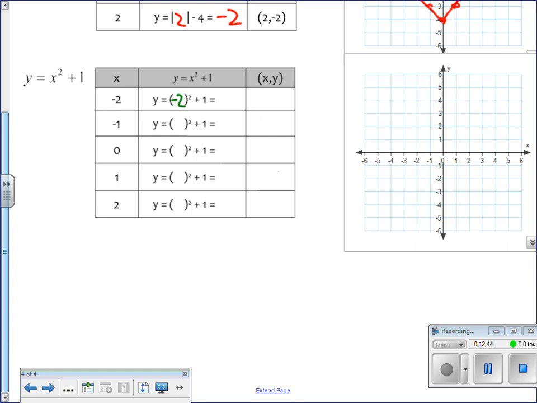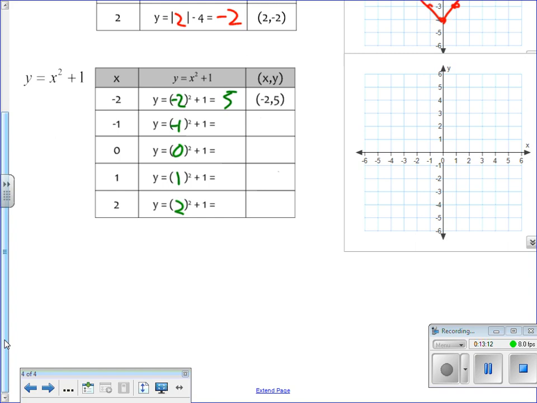You take -2 and square that, and then add 1. -2 squared is 4. 4 plus 1 is 5. And then you're going to take -1 and square that and add 1. Take 0 and square that and add 1. Take 1 and square it and add 1. And take 2 and square that and add 1.